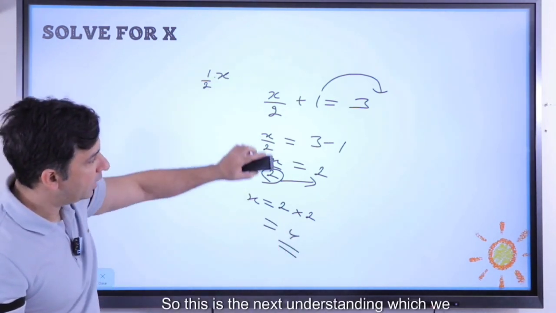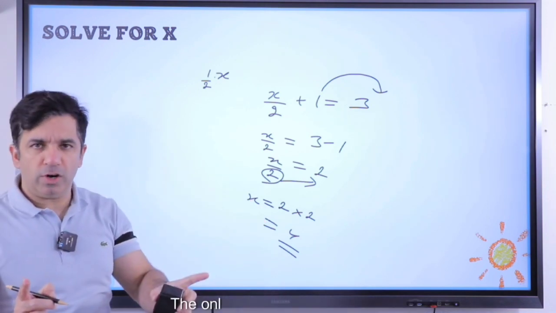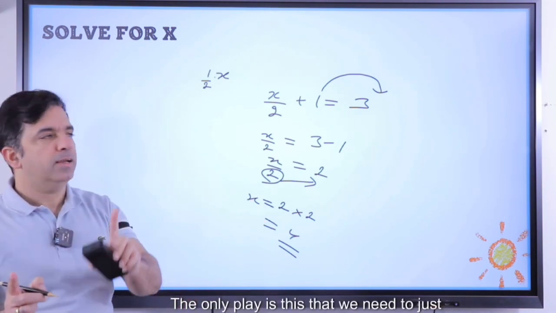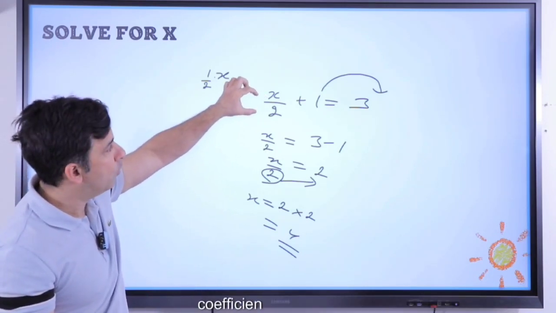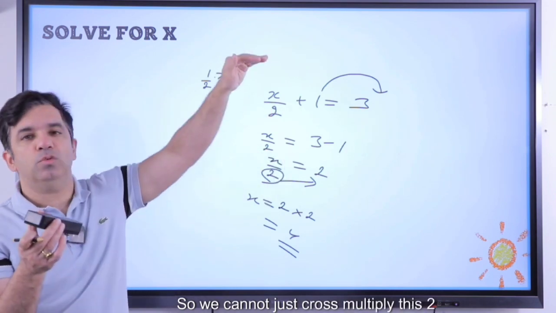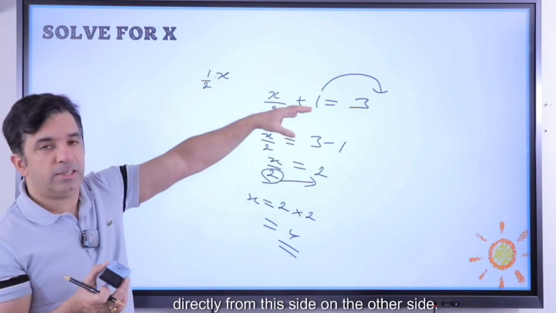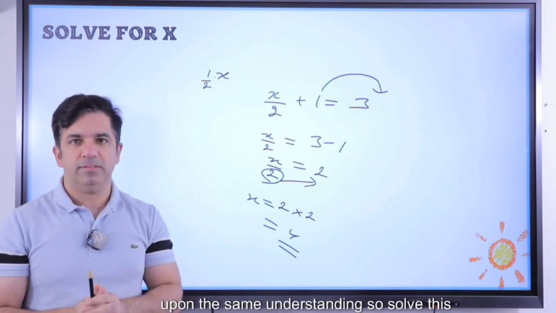So this is the next understanding which we need to focus upon, and it is very straightforward. The only play is this, that we need to just understand that this 1 upon 2 is the coefficient of this number x only. So we cannot just cross multiply this 2 directly from this side on the other side. So now let's first attempt a question based upon the same understanding. So solve this one now.